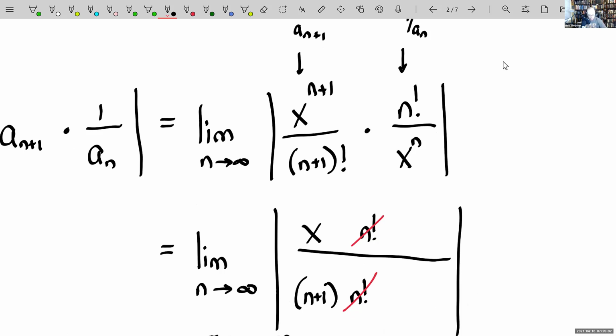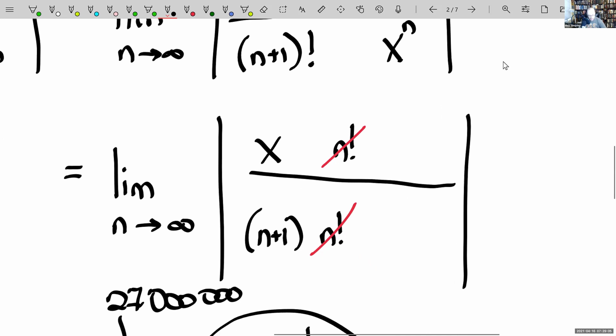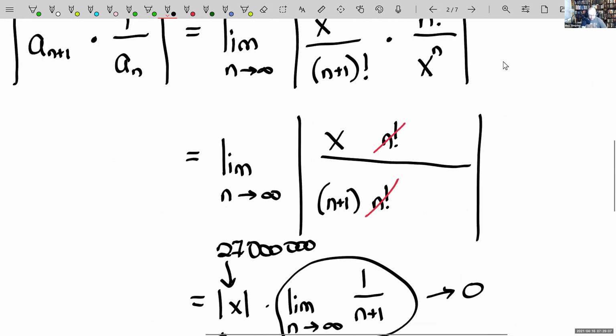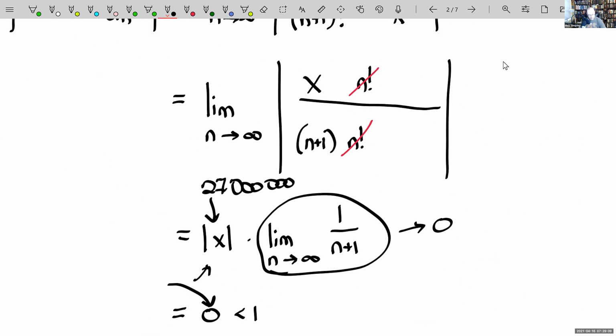And so when you do your mathematics here, you're going to end up with a factor involving that x. You can ignore this 27 million for right now. And that factor involving x usually can just be factored out of the limit eventually. So you have that factor of x times the limit.